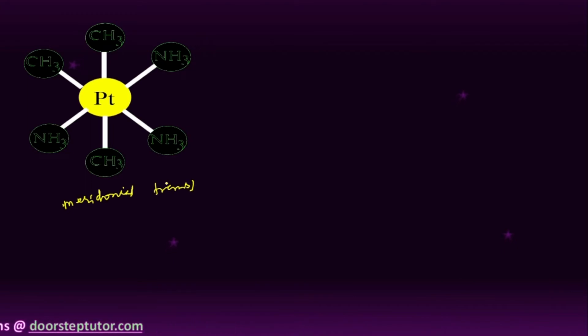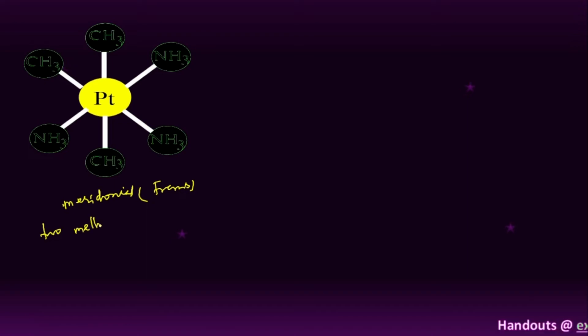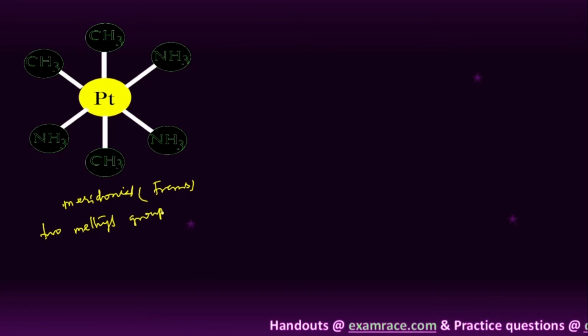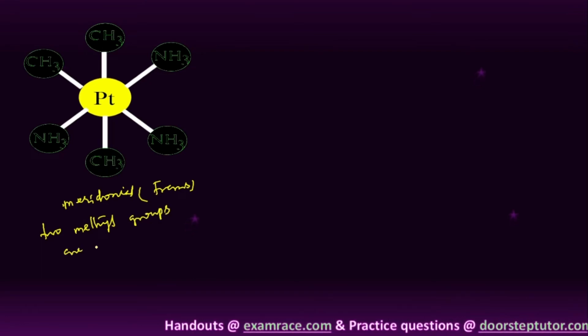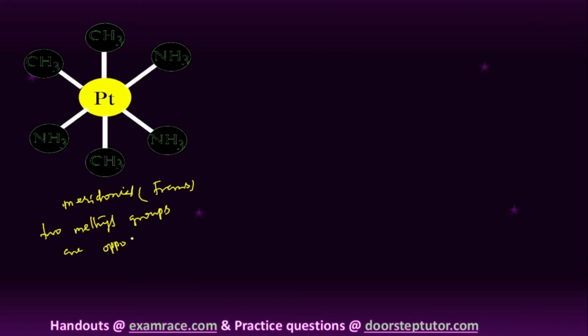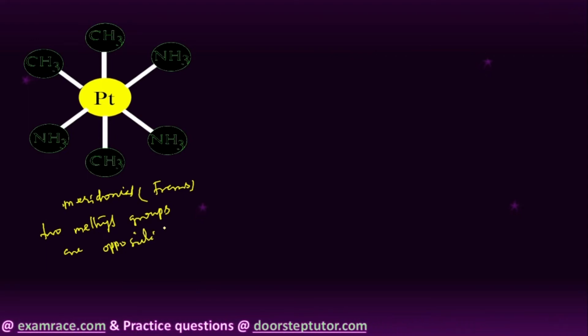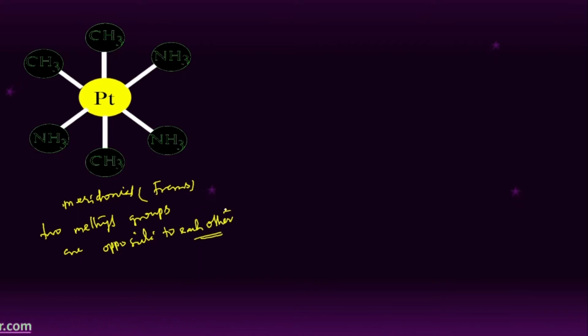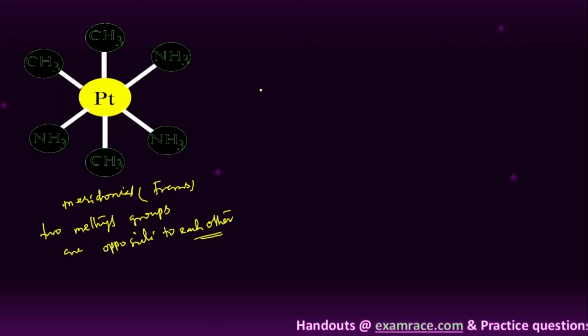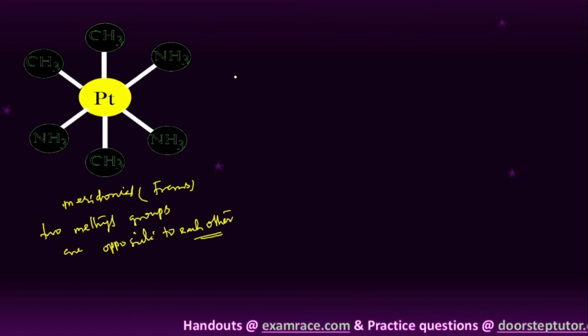Here you can see the two methyl groups are opposite to each other. Clear, student? In this trans complex, two types of methyl groups are present.